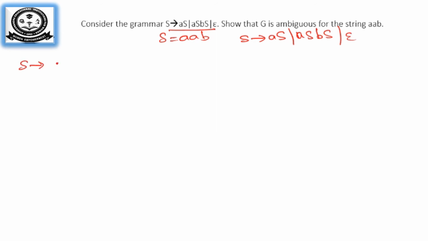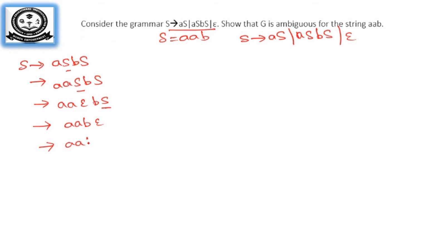S derives ASBS. I will start substituting for this S. I will substitute AASBS. Then I can substitute epsilon for this, so AA epsilon BS. Then for this S I can substitute epsilon, so AAB epsilon. Finally it is AAB.